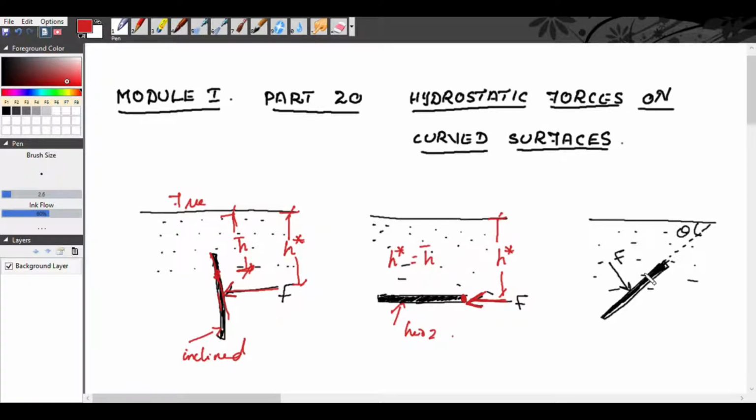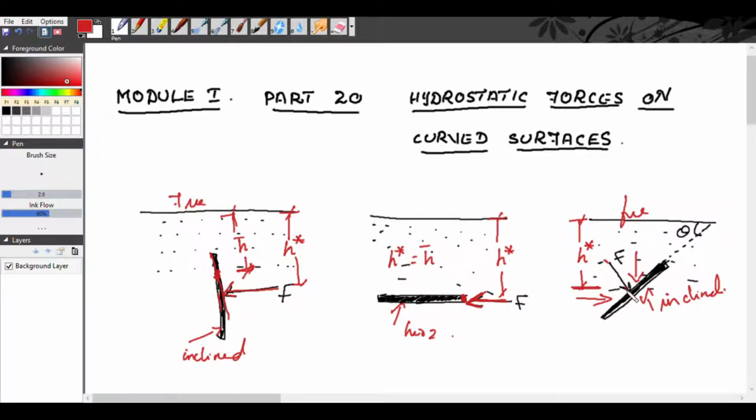Now, for the inclined surface, the force will act normal to the inclined surface, and the point of application of this force will be at a distance h star. This is the free surface and this is the inclined surface. Since this force is inclined, you can resolve it horizontally and vertically.